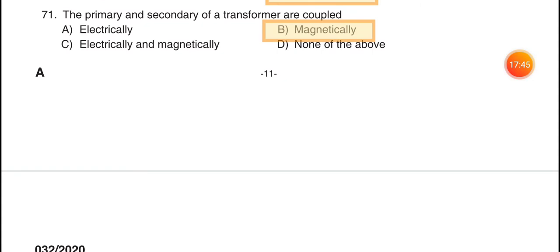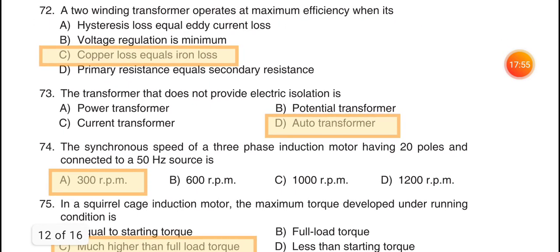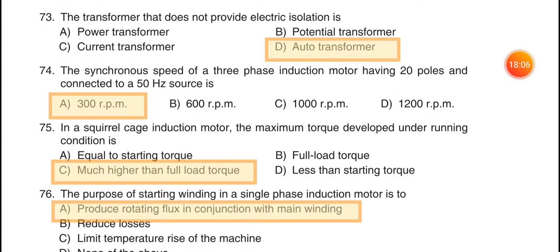71. The primary and secondary of a transformer are coupled. Option B is the right answer, magnetically. 72. A two-winding transformer operates at a maximum efficiency when its option C, copper loss equals iron loss. 73.